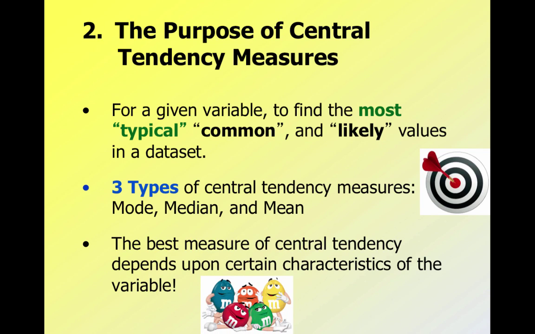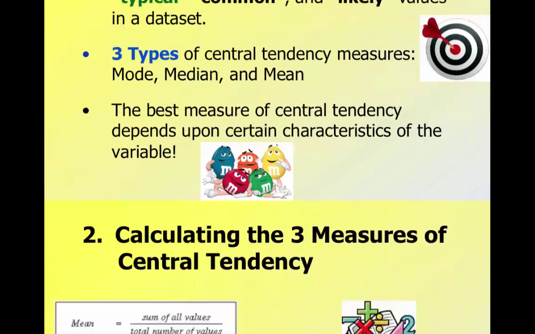And really, the best measure of central tendency depends upon the characteristics of a variable. And what do you think I mean by the characteristics of a variable? Levels of measurement. So again, make sure you know levels of measurement so that we know how to choose and appropriately use these central tendency measures, mean, median, and mode.